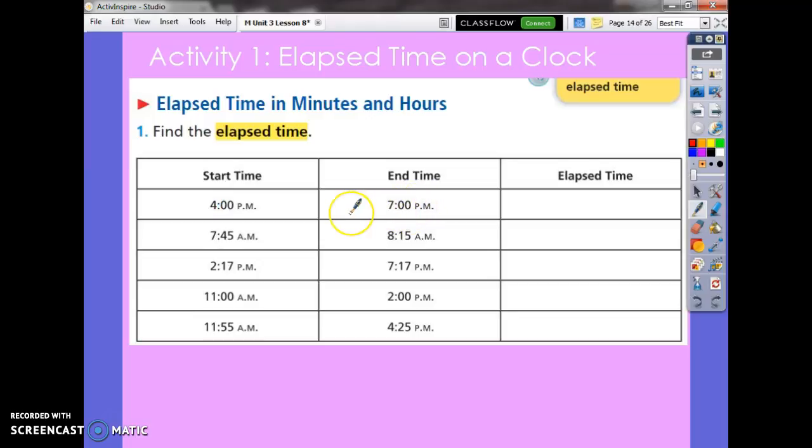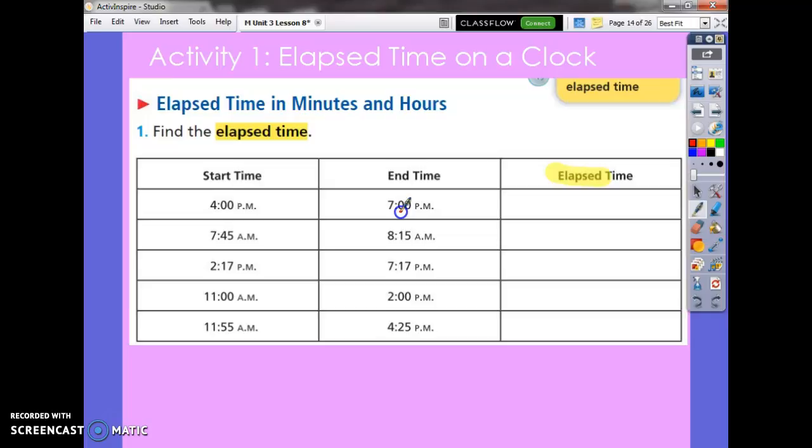Something you could be doing at 4 o'clock might be a basketball practice or piano recital, or you might be going over to a friend's house for that amount of time. And you want to know how long you're going to be gone. To figure out the elapsed time, or the time that has passed, we'll need to find the difference.